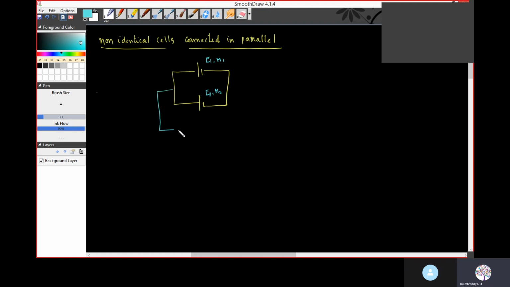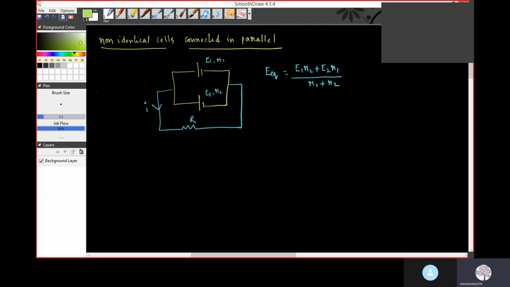Now you connect them to the external resistance R. The current going through it is I. E equivalent is equal to E1 r2 plus E2 r1 by r1 plus r2. That is the equivalent EMF.